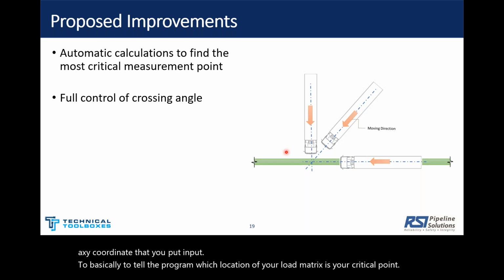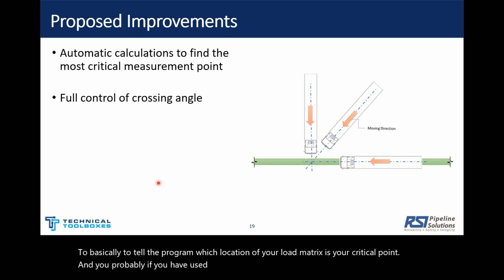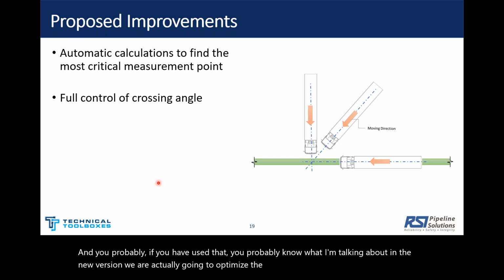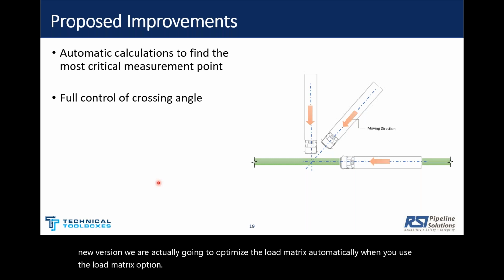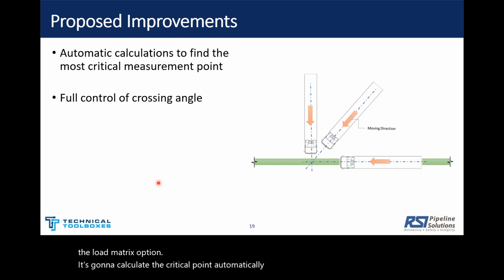If you have used that, you probably know what I'm talking about. In the new version, we are actually going to optimize the load matrix automatically. When you use the load matrix option, it's going to calculate the critical point automatically, so you don't need to know it or guess it up front.